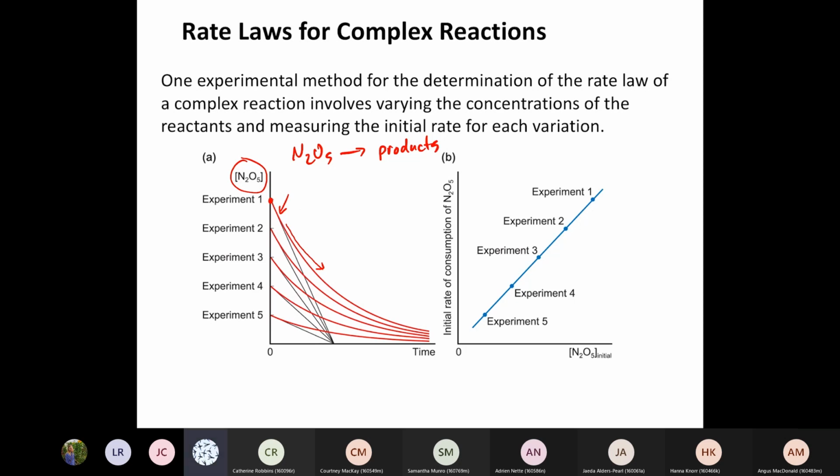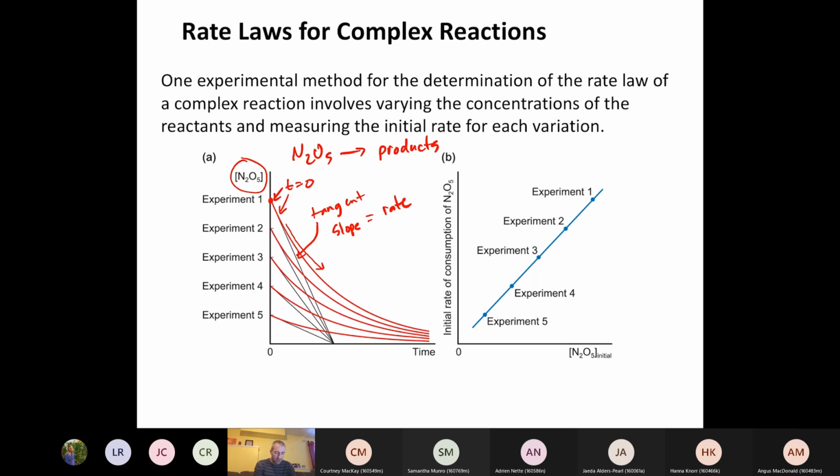But at the initial time, at time equals 0, the tangent to that curve, which is this black line, will have a slope equal to the rate. Then the reaction slows down as it proceeds.